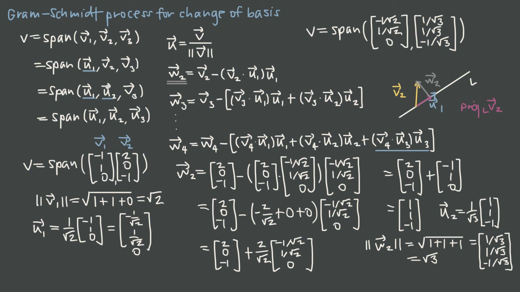You now have u1 and u2 in a plane. And then v3, you imagine is, instead of being a vector projected onto the line, a vector projected onto the plane defined by u1 and u2.